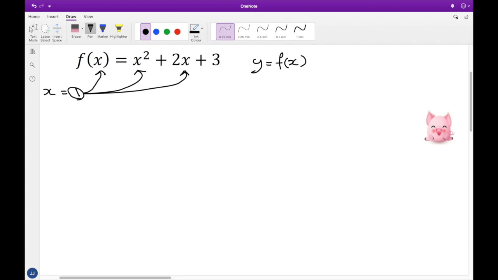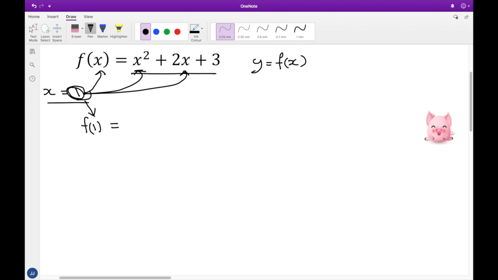So when f of x is this equation, and I want to know when x is 1, what I'm actually doing is asking for the f of 1. Yeah? So you could see that I just put that 1 where the x is supposed to be, and I will say that is equal to, and I will write out my equation here, but I will just have 1 in place of x. So everywhere I see x, I'm going to put 1.